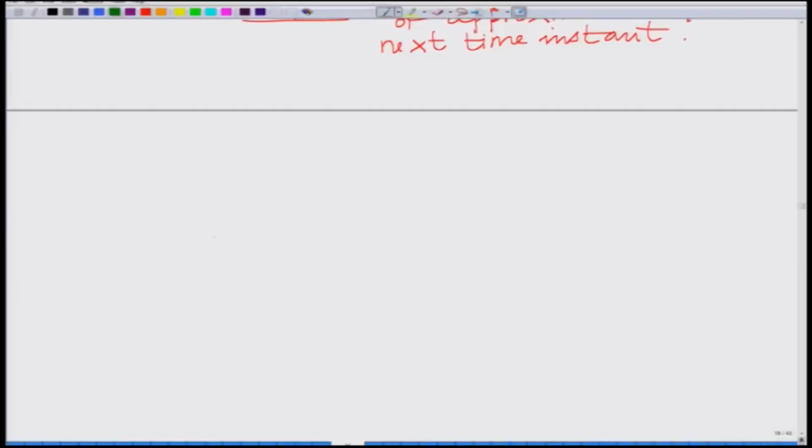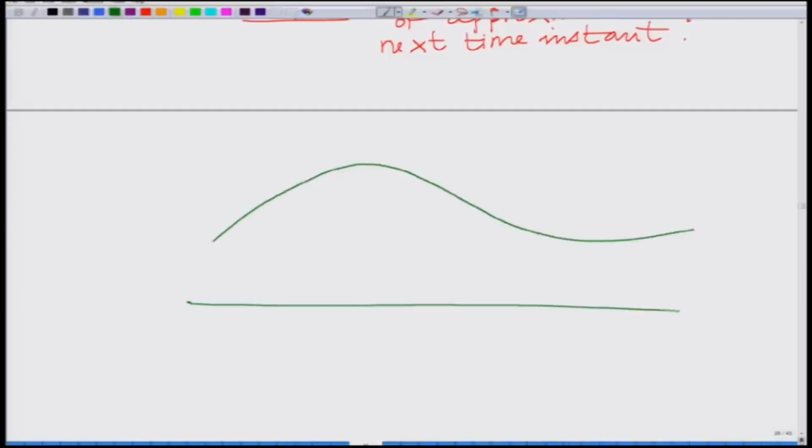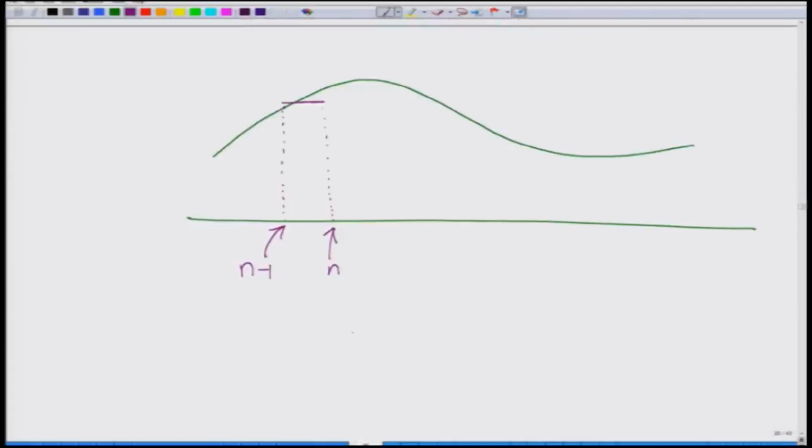If I have a signal M(t), and an approximation at time instant n minus 1, and this is time instant n.